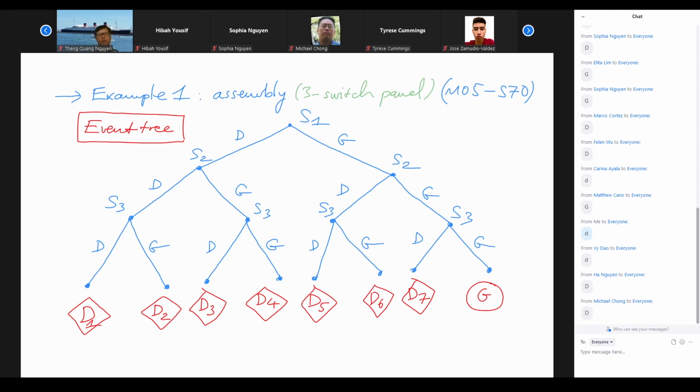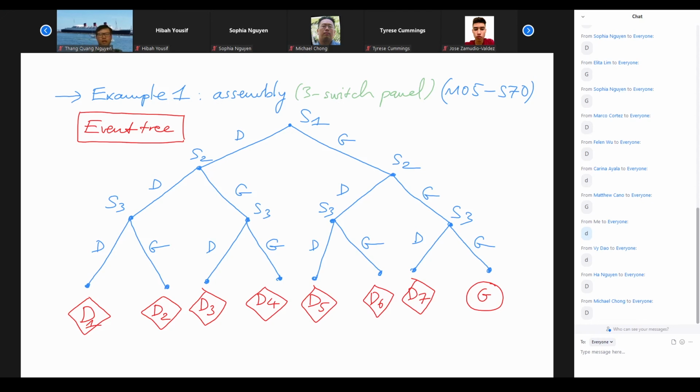Okay. So as a manager, what we want to know next is the following: what is the probability of being good, and what is the probability of being defective, right? If I ask you that question, some of you might respond as follows: among the 8 possible outcomes that we see here, there is only one good outcome.